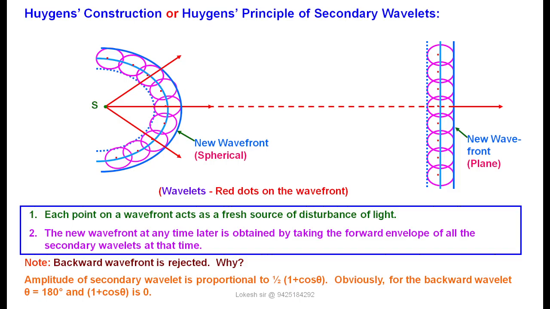Clear? So for this backward envelope, the amplitude is 0, so it is almost invisible. So only the forward envelope we have to take. Clear? Done?